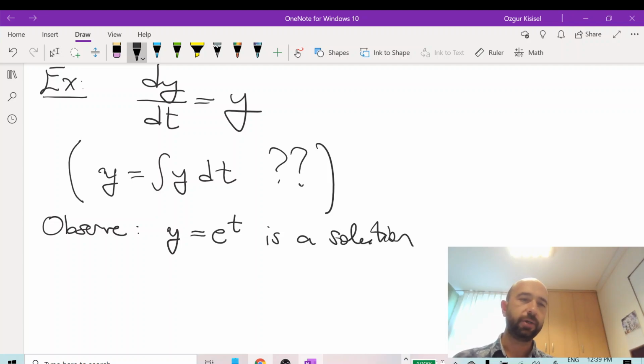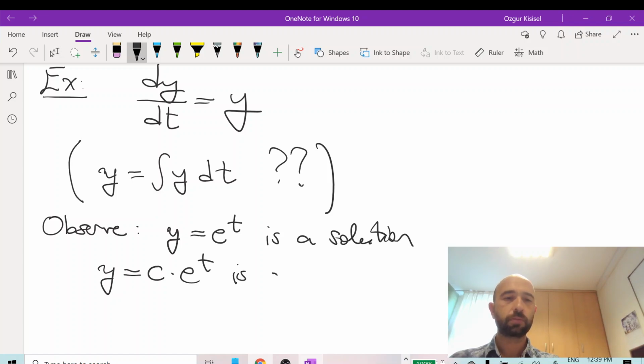Can we find others? Well, some more careful looking at this also tells you that if you multiply this by any constant you like, it still works. Or any c.